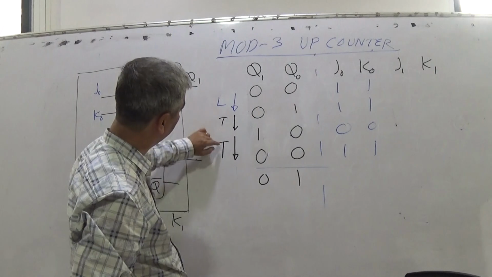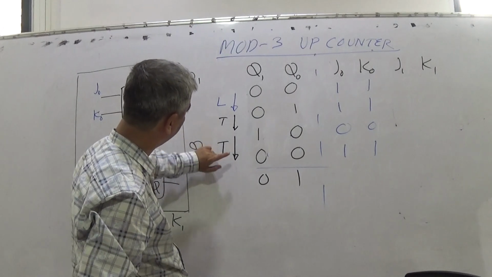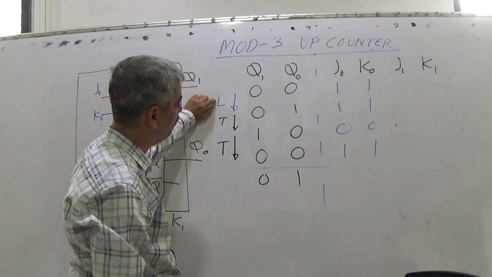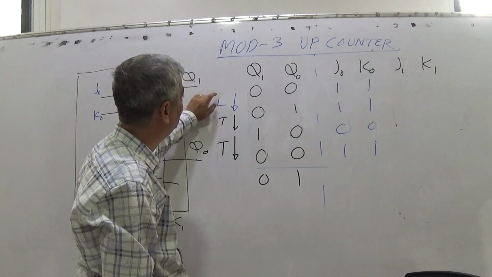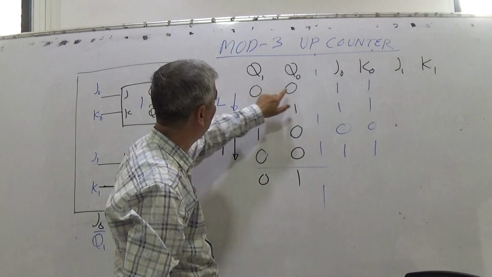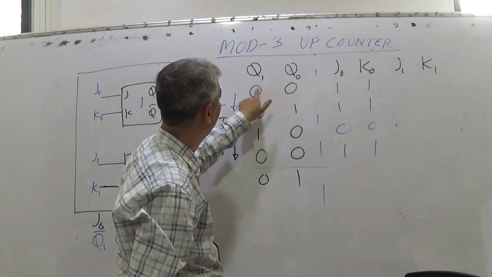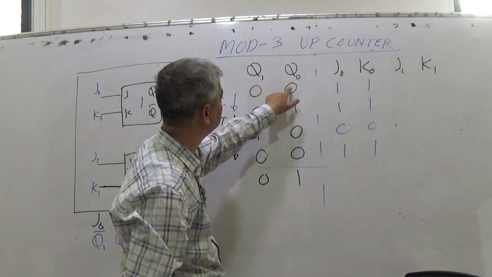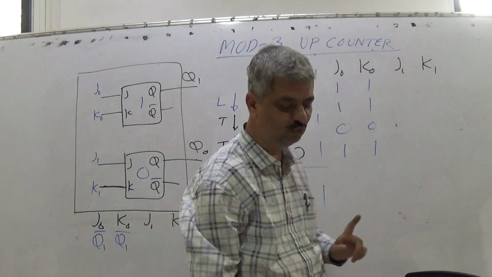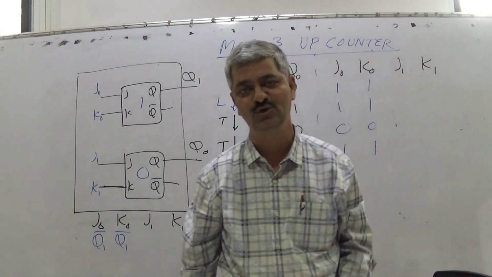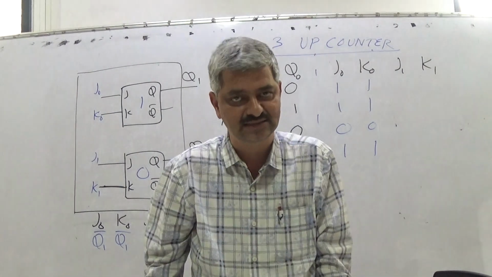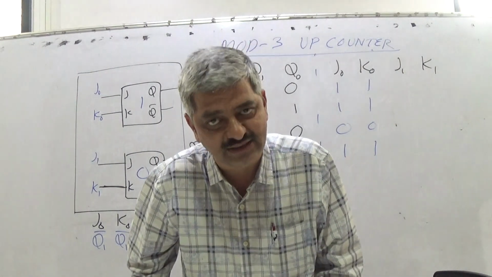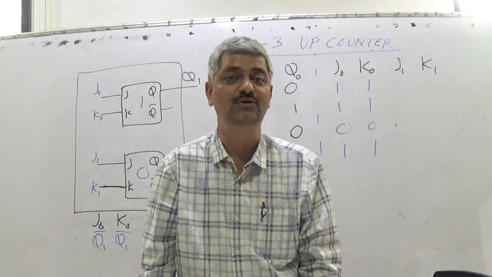So toggling here, so last state. So last state of Q1 is maintained when Q1, Q0 are 0, 0. When Q1, Q0 are 0, 0, that time we are maintaining last state. In all other cases, we are toggling.